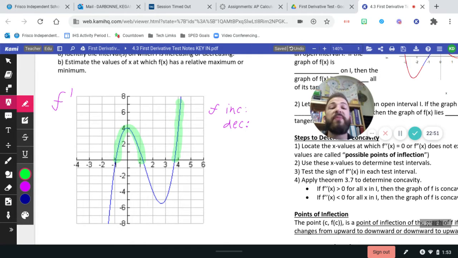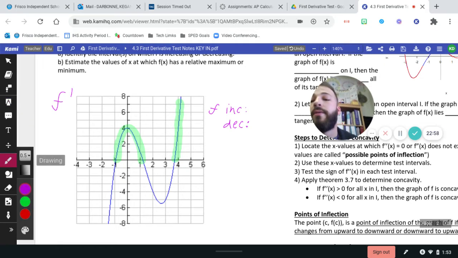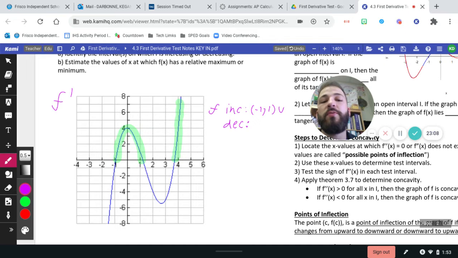So where f prime is positive, f is increasing. So it's a little weird to think about. It's almost like you're thinking backwards. Okay, but our intervals would be, and we're going to estimate, so don't think these are the exact numbers, obviously, negative 1 to 1 in union with 4 to infinity.